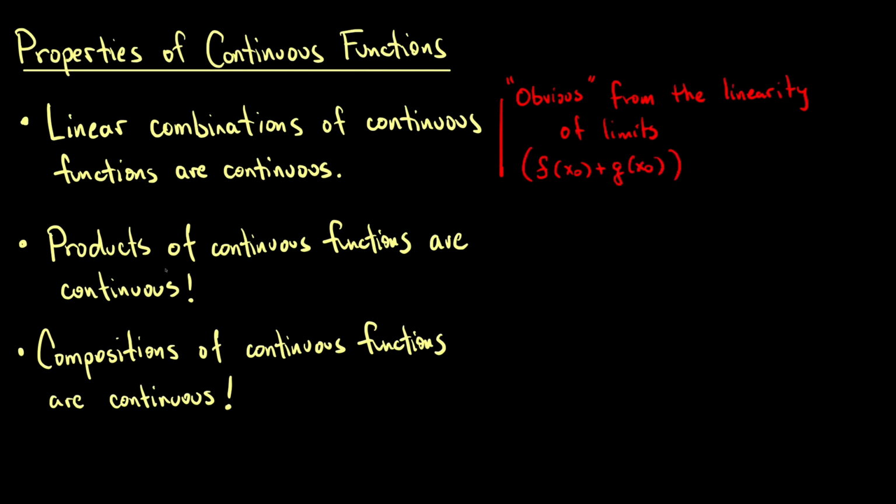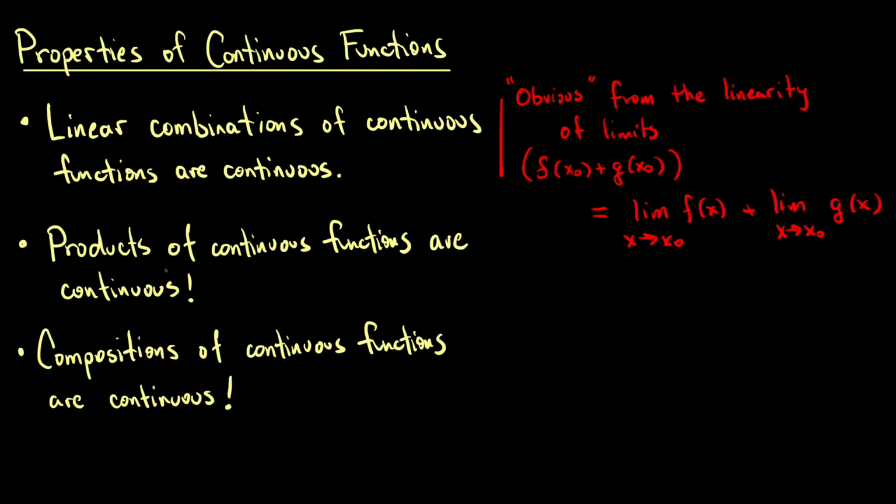This is what f plus g evaluated at x naught is. This is just the limit of f of x as x goes to x naught plus the limit as x goes to x naught of g of x. Here I use the fact that f and g are continuous.